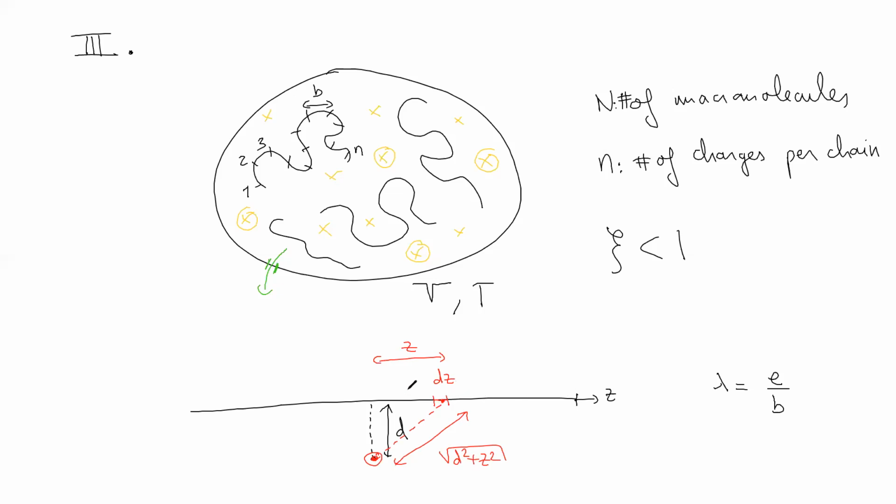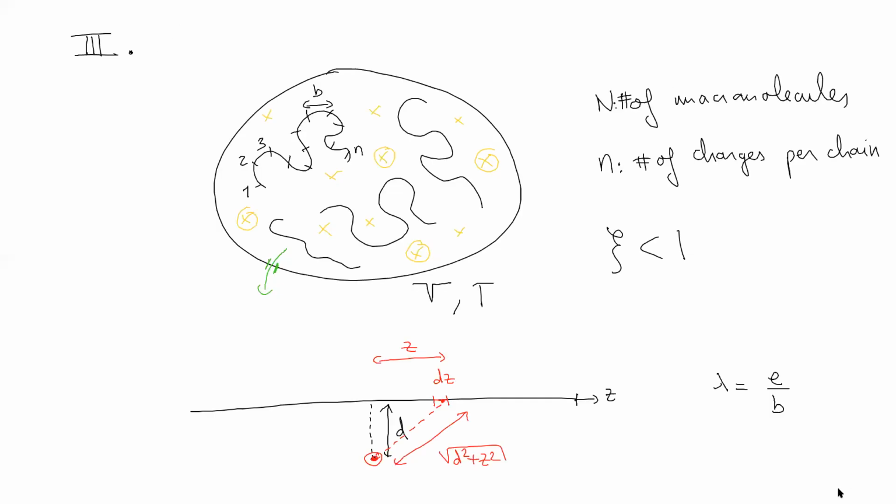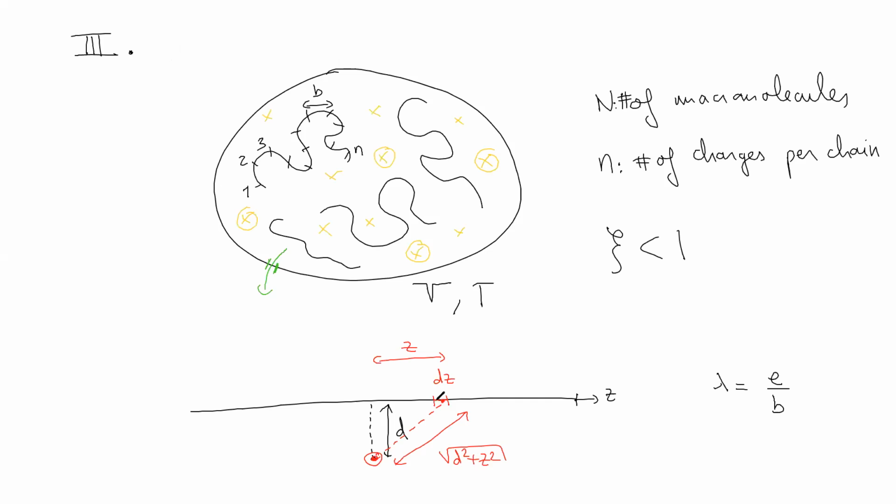So I will integrate, basically, the potential that I can call phi here. So phi at a certain distance d will be the summation of d phi, where d psi, sorry, is the potential created by this little segment at a distance d, taking into account the counter ions.